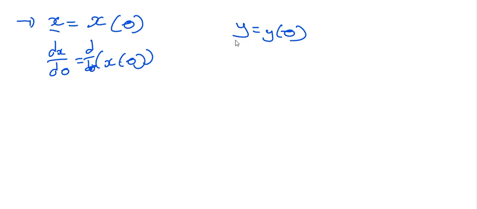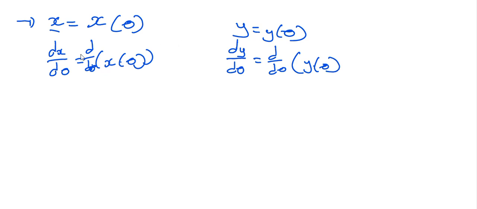On the other side, we do the same thing: dy over dtheta equals d over dtheta of y of theta. Okay, so let's focus here, guys.